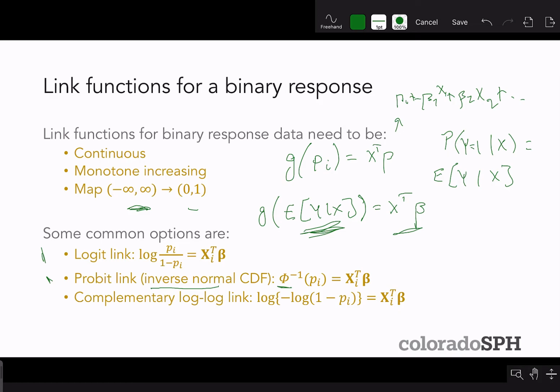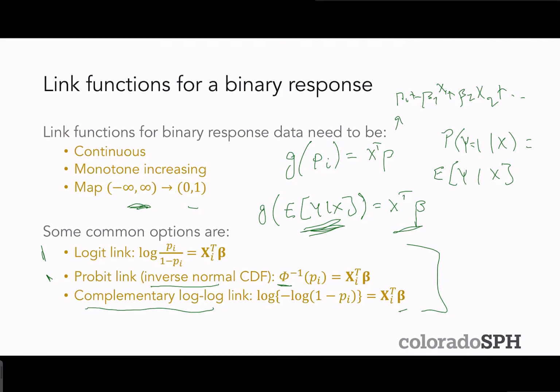And a third choice is the complementary log-log link, which looks like this. You take the negative log of 1 minus the probability, and then you take the log of that. And these are all models that serve to give us ways of estimating betas for data that's binary.